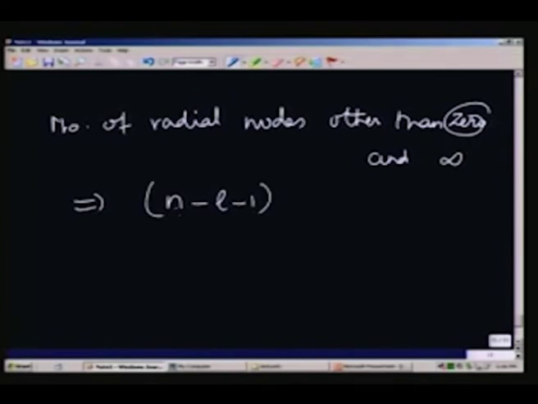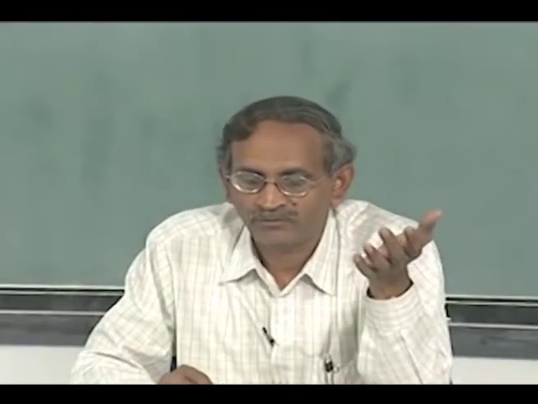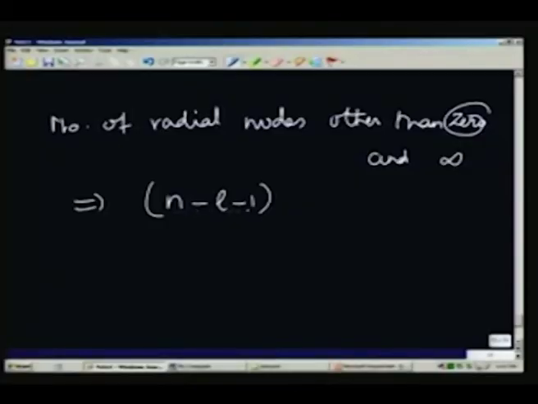So when you have a function with L equal to 0 quantum number, you have the maximum number of radial nodes corresponding to the L value maximum. If N is 4 and L is 0, it is 3 radial nodes.